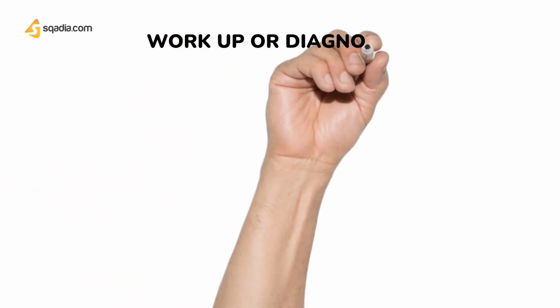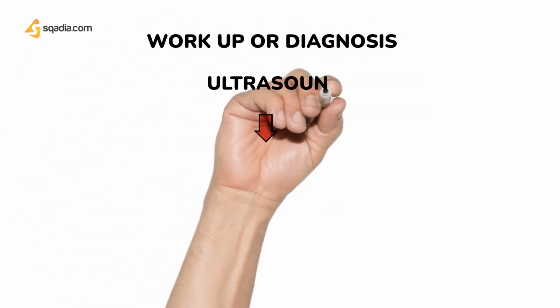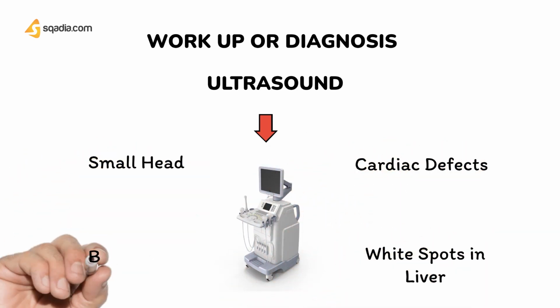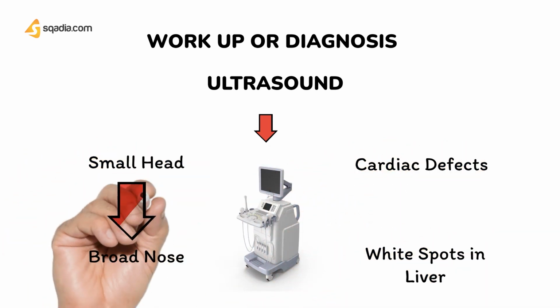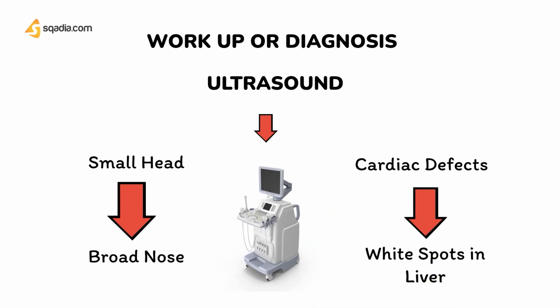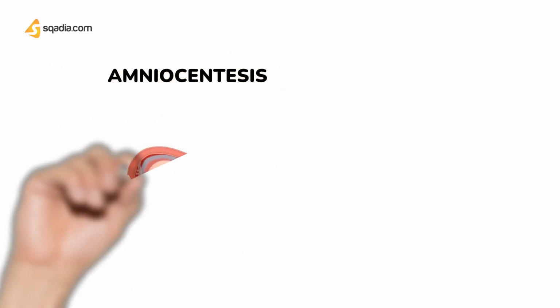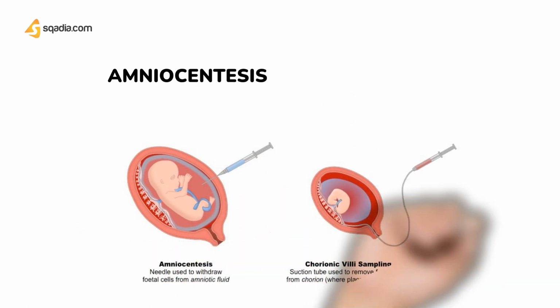Okay, so let's get into the workup of the diagnosis of Down syndrome, which includes the ultrasound, amniocentesis, and chorionic villus sampling. So let us discuss in detail. In ultrasound, you will have the broad nose, small head, and cardiac defects with white spots in the liver. Amniocentesis examines the amniotic fluid, which is the fluid from the sac surrounding the baby.